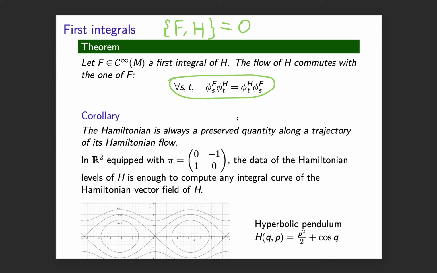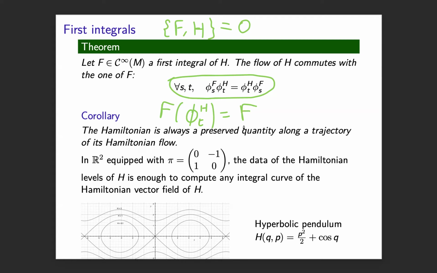But you may also integrate only one Hamiltonian vector field. For instance, let us integrate only the Hamiltonian vector field of H. And in this, oh, sorry, it's not 0 here.